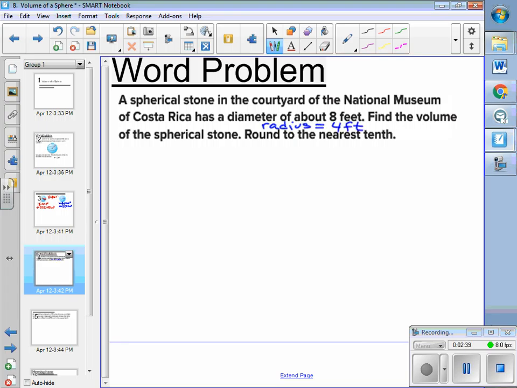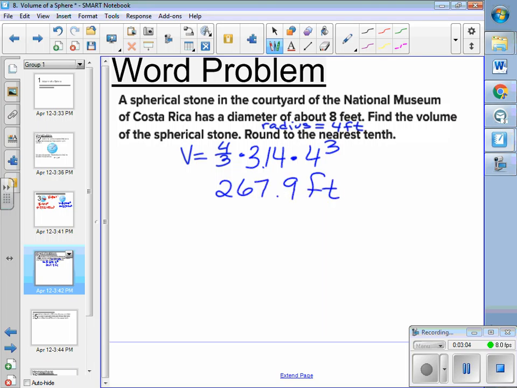So V equals 4/3 times 3.14 times 4 cubed. Pause, work it out, come back. You should get 267.9 feet to the third power. Again, we don't care where you round, as long as you round correctly.